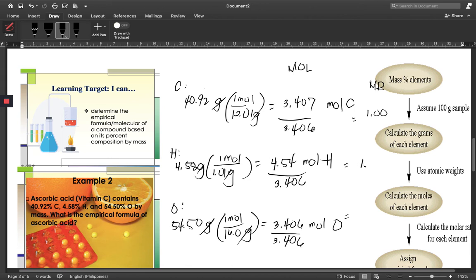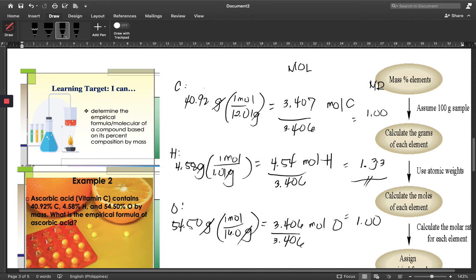And this is where the fourth rule comes in. We need to do something such that it will be nearest to a whole number as much as possible. And then we continue first with oxygen, which is also a 1. So since we have a 1.33 here, if we see a decimal of 1.33, then we have to multiply all the mole ratios by 3.